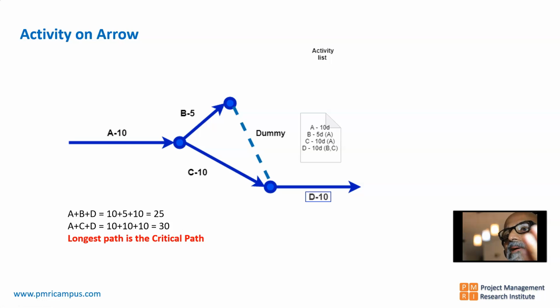So the longest path is ACD, and the longest path in the network we call the critical path. Activities on the critical path should not slip, because if they slip, the project will slip. So that is the importance of a critical path, which we'll discuss in detail in the upcoming videos.